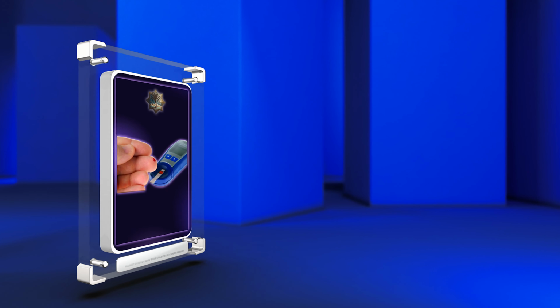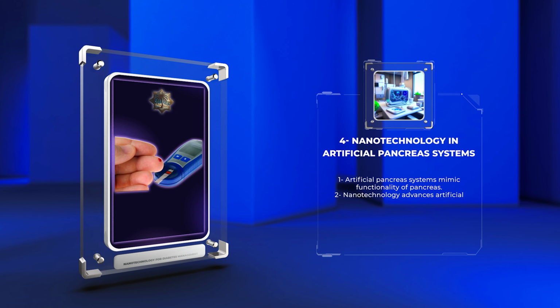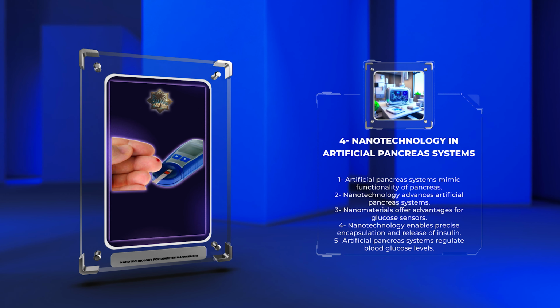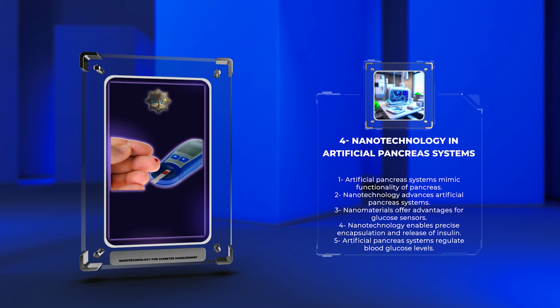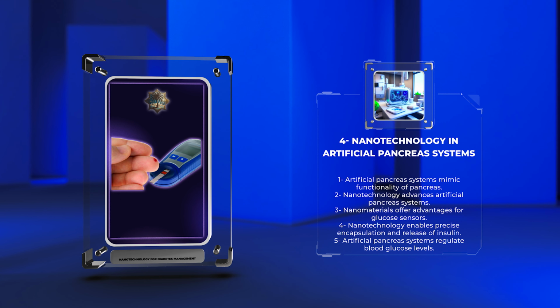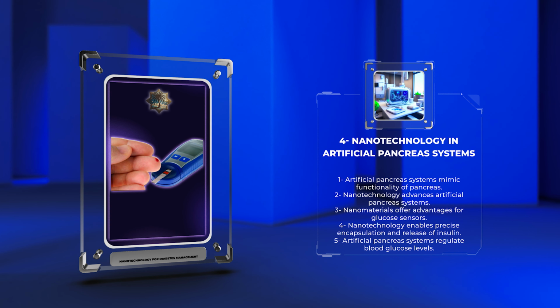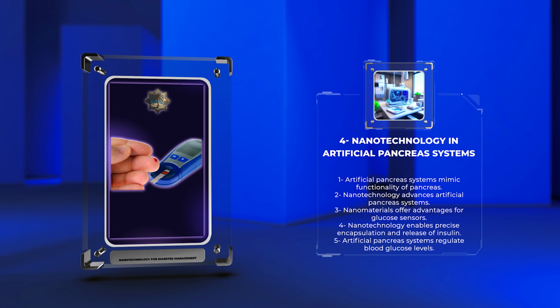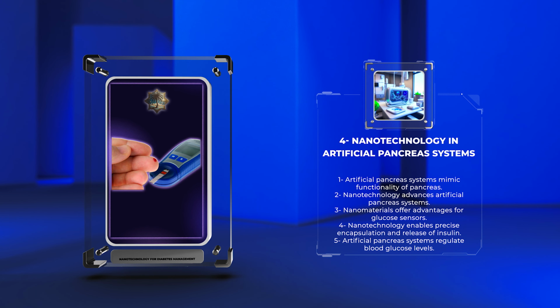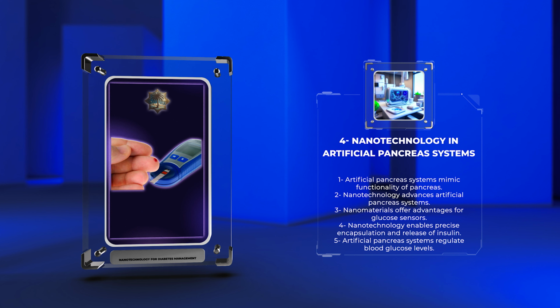Artificial pancreas systems aim to mimic the functionality of the pancreas, which produces and regulates insulin in the body. Nanotechnology plays a pivotal role in advancing these systems, integrating glucose sensors, insulin delivery devices, and control algorithms. Nanomaterials, such as graphene and carbon nanotubes, offer advantages for developing high-performing glucose sensors.